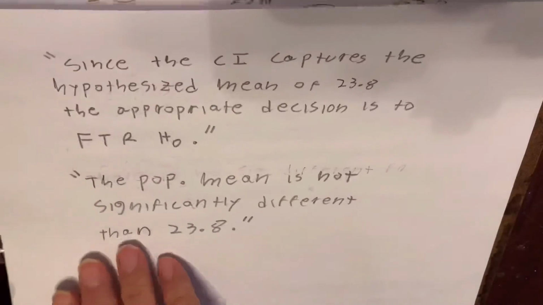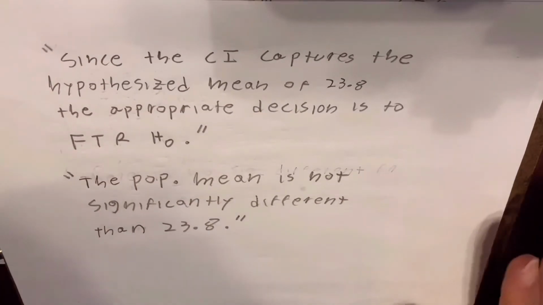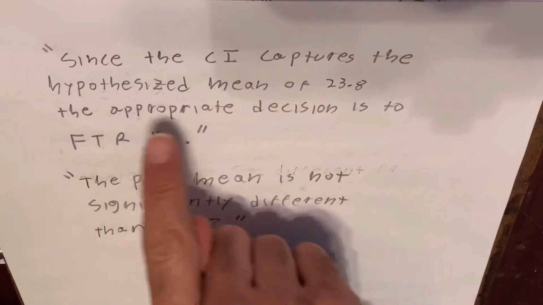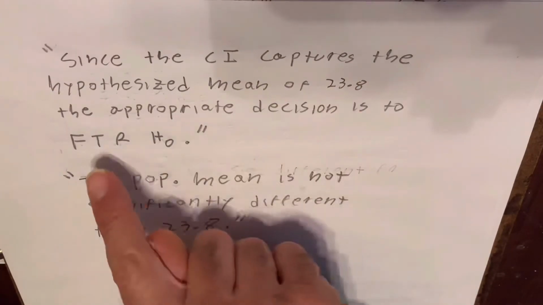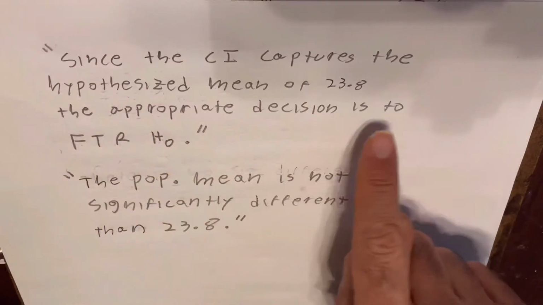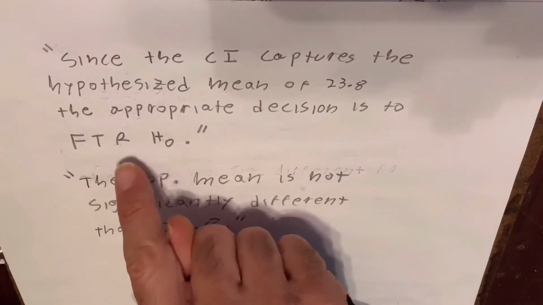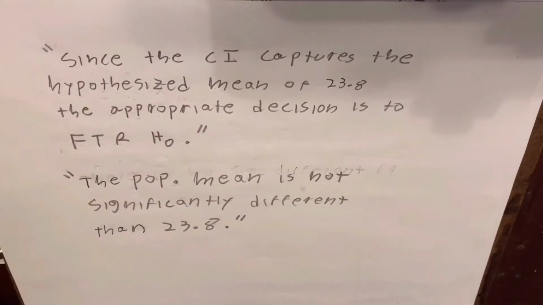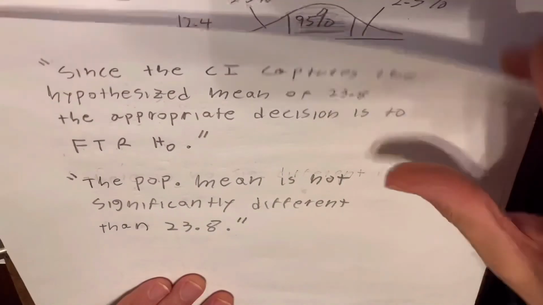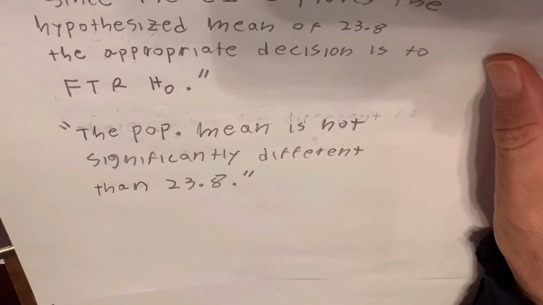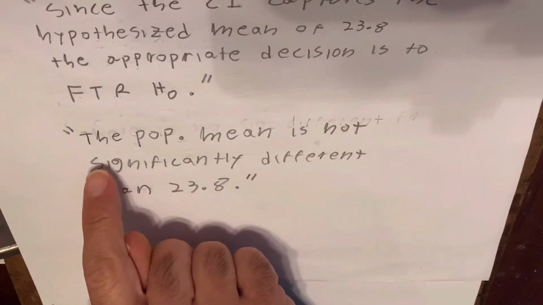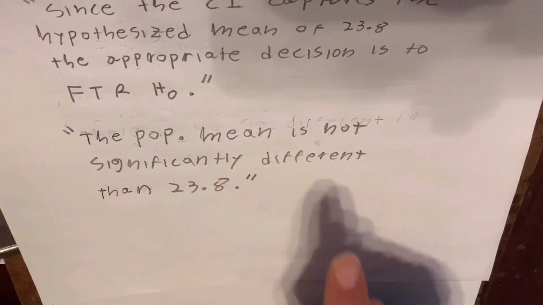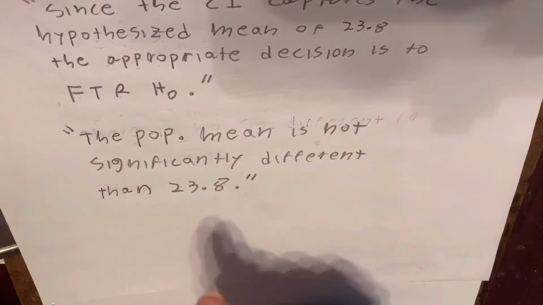So there are two good ways to write the final answer that your instructor is probably looking for. One way to write it is, since the confidence interval captures the hypothesized mean of 23.8, the appropriate decision is to fail to reject the null hypothesis. And that's one perfectly fine way of writing the answer. A simpler way is to simply say the population mean is not significantly different than 23.8.